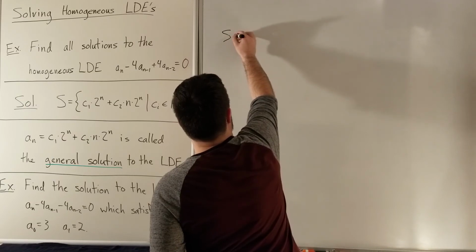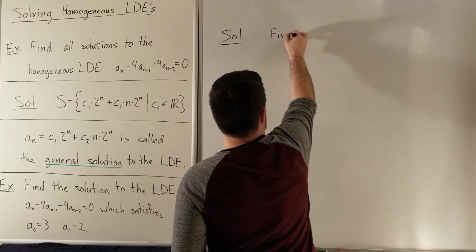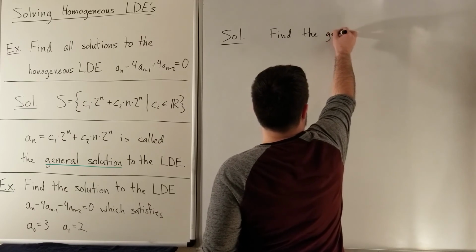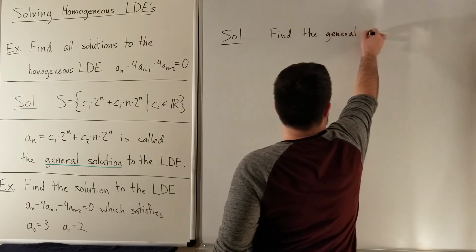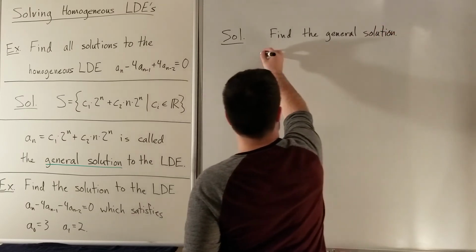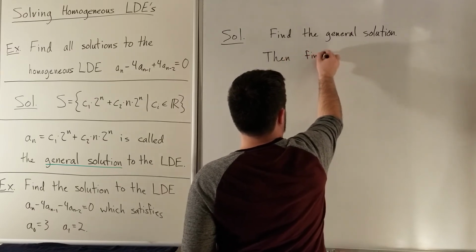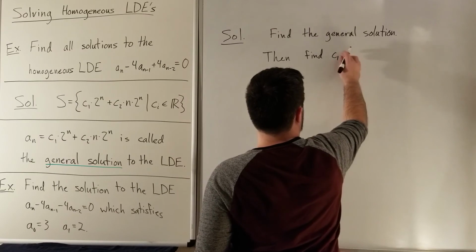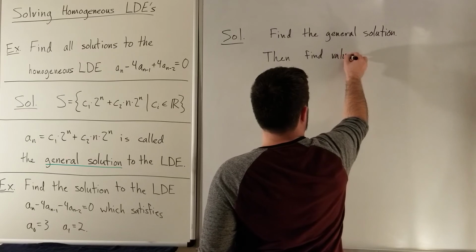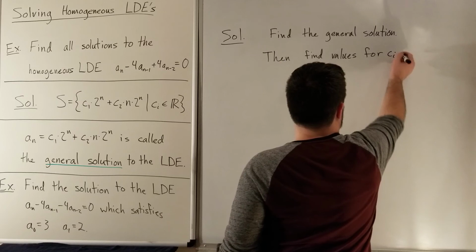So the solution to this involves finding the general solution, then find the values for Ci.